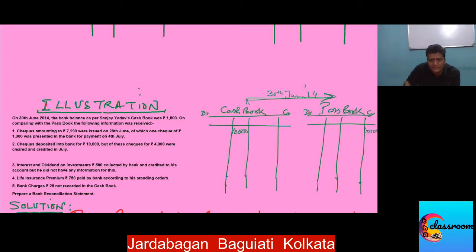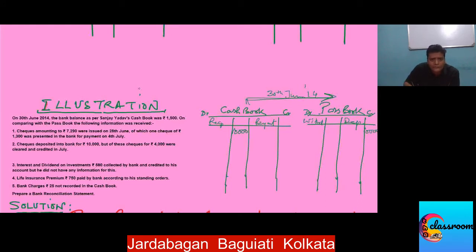We know that this is our receipt side of cash book. This is the payment, the withdrawal side, and this is the deposit side. Fine. So now let me read the transactions one by one.